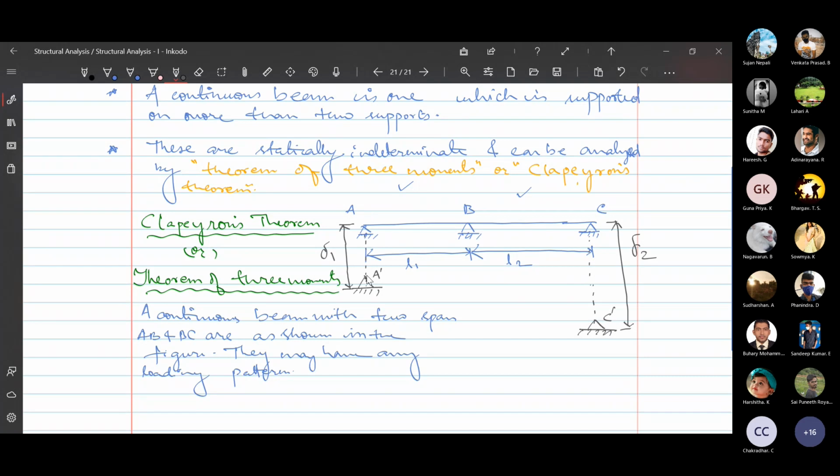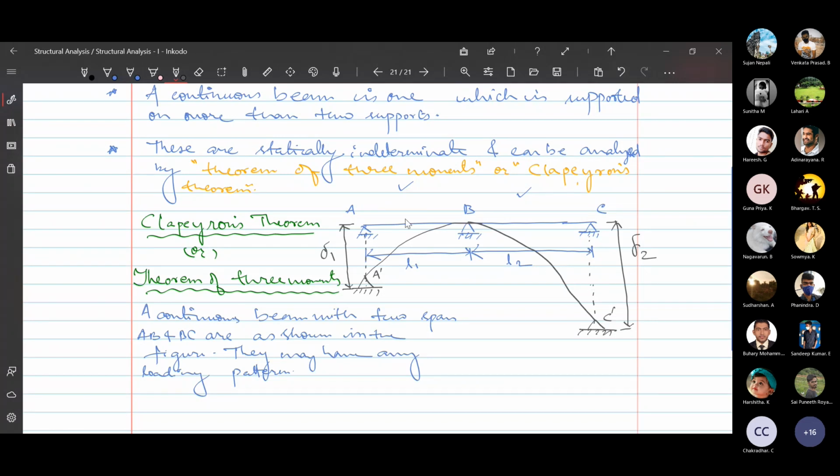So if I join that continuous beam, it will be like this. Okay, these are not straight lines, these are curved lines. So please draw like that.